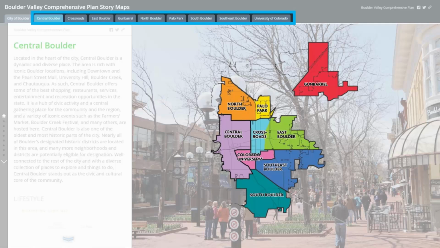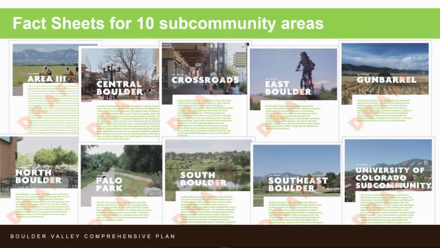And then when we first started the comprehensive plan, we heard a lot of desire to not only make the maps very data rich and a way to help present information about Boulder as a whole, but also a way to show the finer grained nuances and differences in parts of the community. So we created a set of story maps for what we call subcommunities or planning areas within the community. We have a set of PDF paper brochures that we've used for meetings.